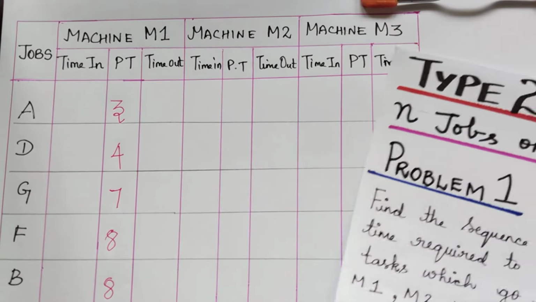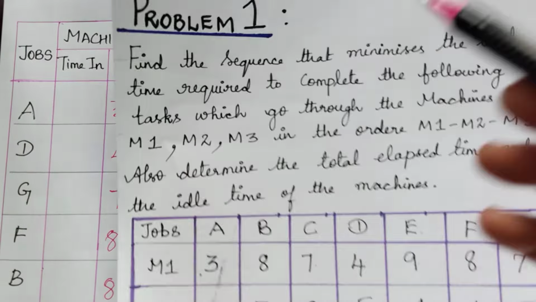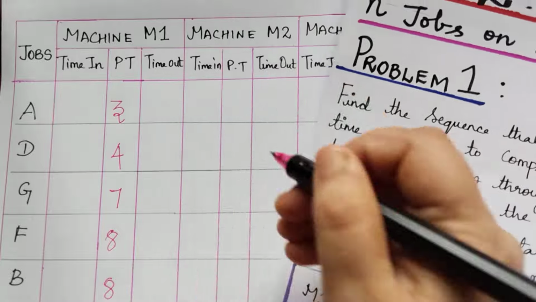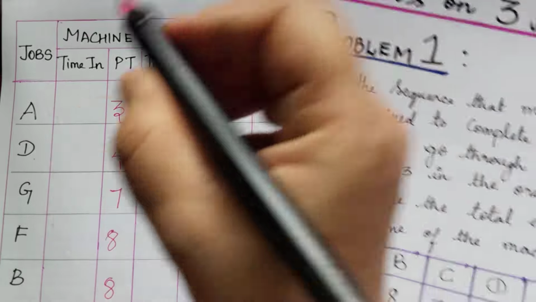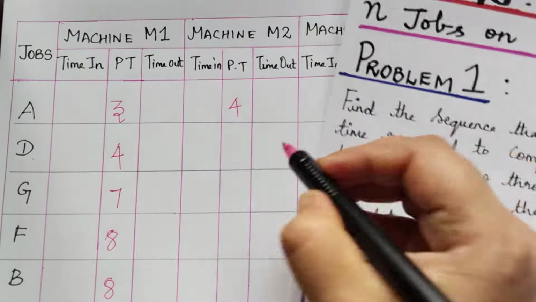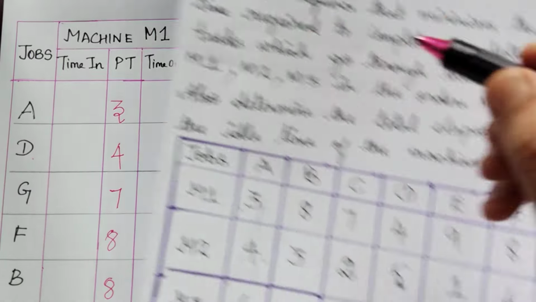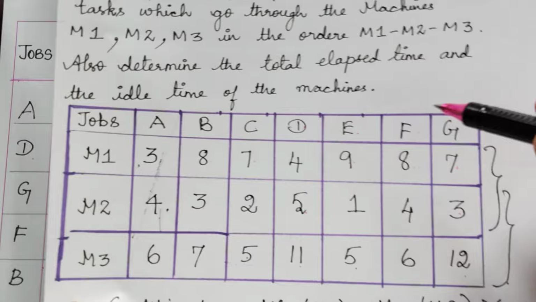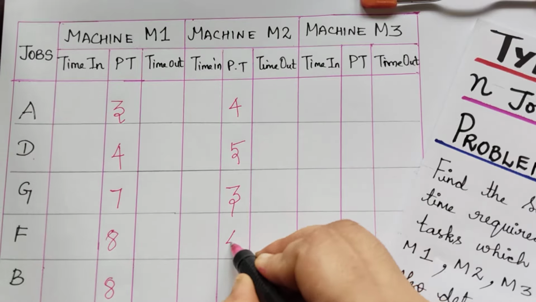In a similar manner, we have to do it for machine 2. So machine 2, the processing times are here. First is A. For A, it is 4. And then D, for D it is 5. For G, it is 3. For F, it is 4.